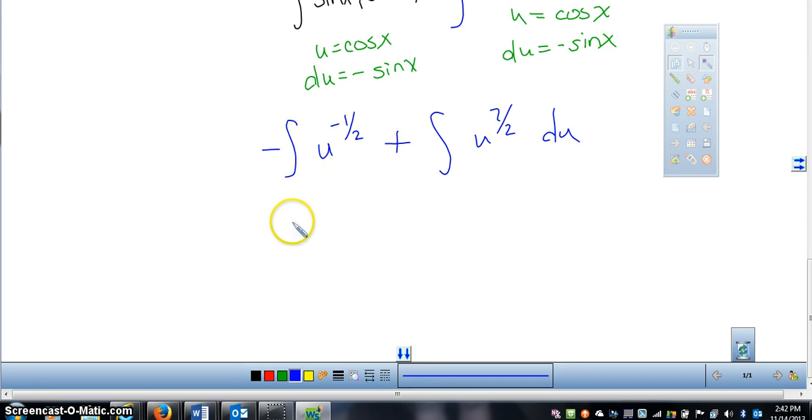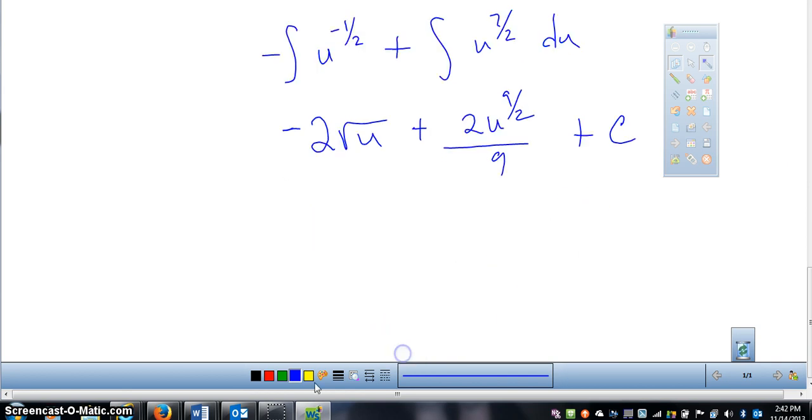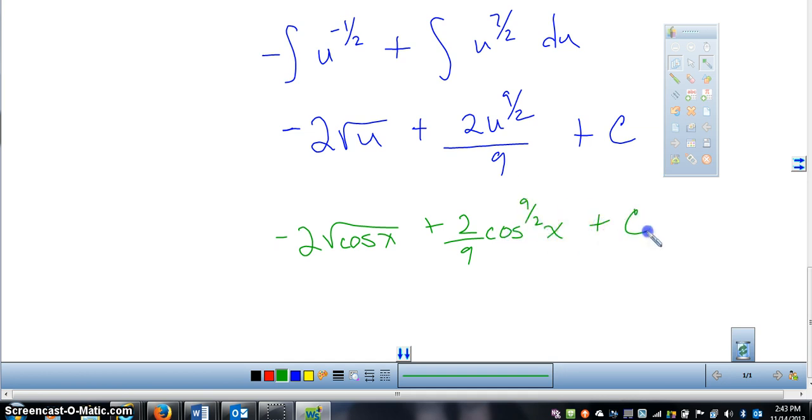So if I integrate that, I get negative 2 square root of u plus, if I add 1, that's 9/2, so 2u to the 9/2 over 9 plus c, and u was cosine, so I get negative 2 square root of cosine of x plus 2/9 cosine to the 9/2 x plus c. That's it. Sine and cosine functions. Have a good day.